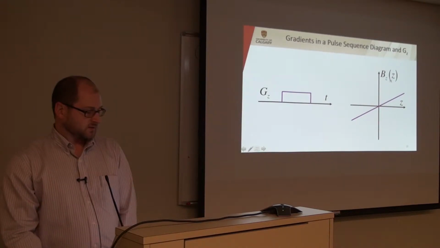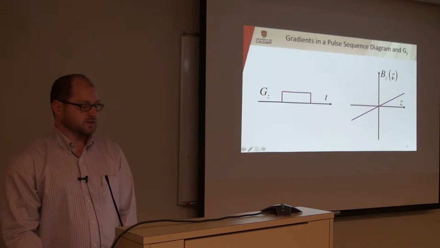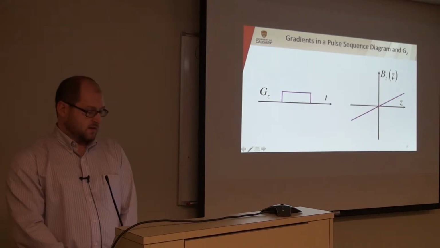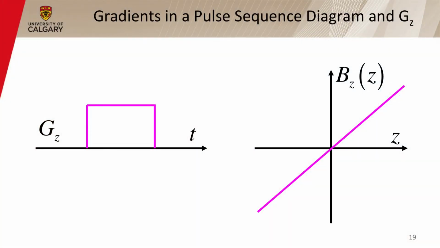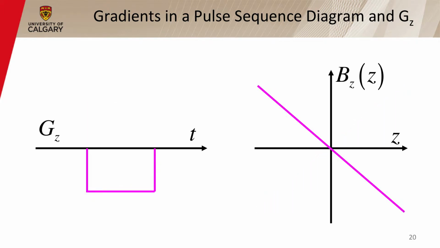Just a linear shift in the z component of the magnetic field along the z direction. Okay, if we increase the amplitude of Gz, then we're going to increase the slope of this ramp that we're showing here. If we make it negative, then it just flips sign. Okay.